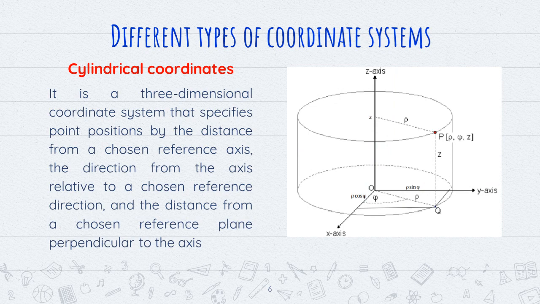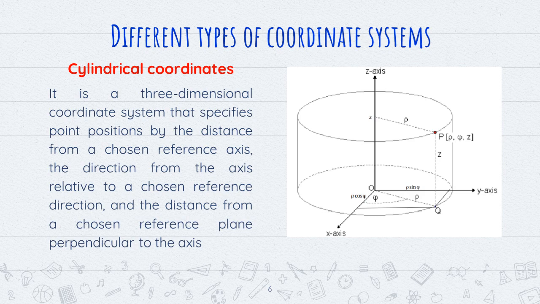Here is the structure of a cylindrical coordinate system. What is a cylindrical coordinate system? Just like in the Cartesian system, we obtain a point by the intersection of three mutually perpendicular surfaces.